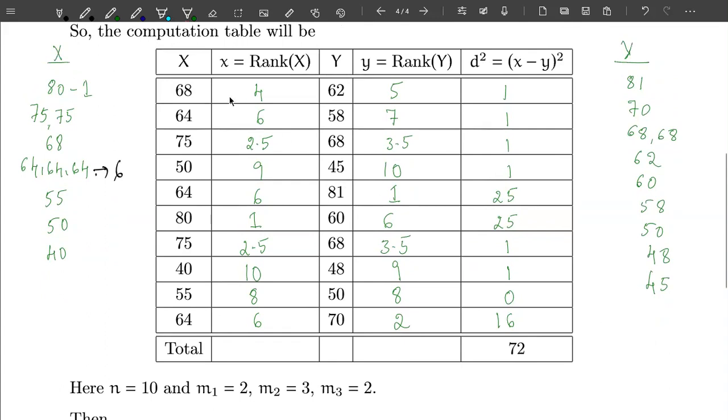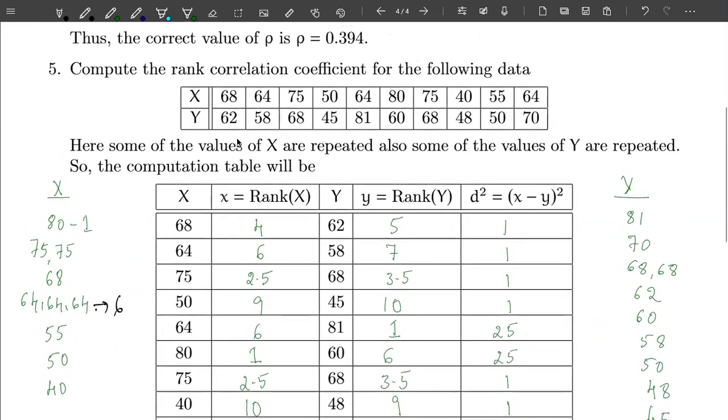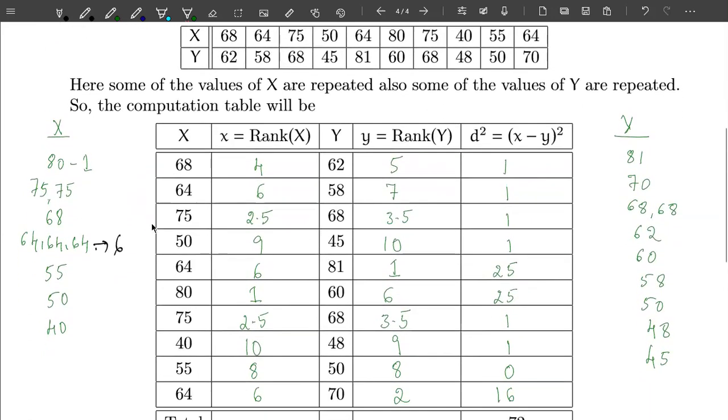So this order has to be maintained here. If you change the order here, you will not get the correct value for summation d square. You can't change the values of x and y which are given, because if you are changing both x and y together, then it is fine.